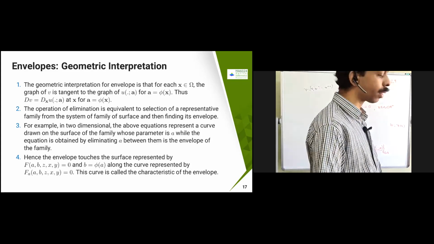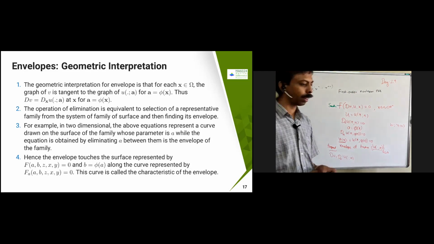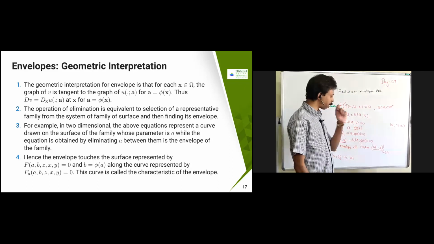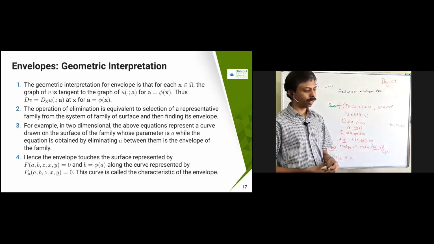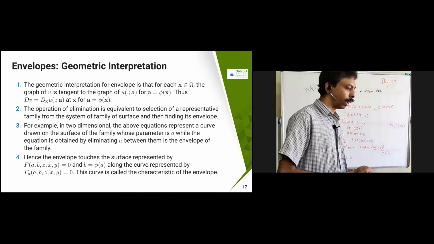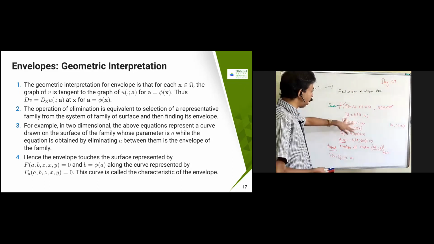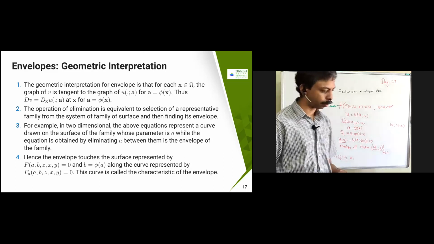The operation of elimination is equivalent to selecting a representative from the family. This is a system of families I have, so I am trying to select a representative, and that is nothing but finding its envelope. We are trying to eliminate some constant because I am trying to find a equal to pi of x, writing a as a function of x. That is called the operation of elimination.